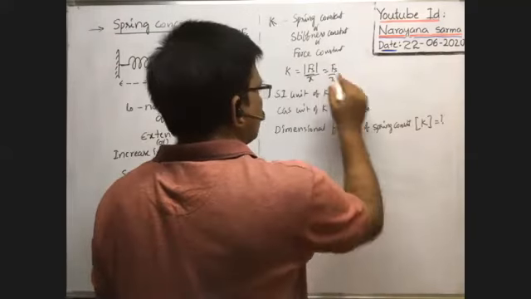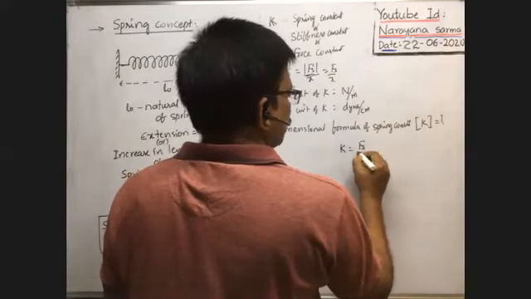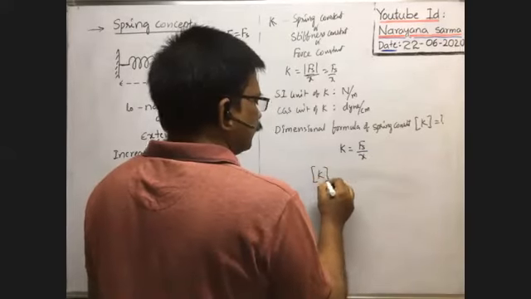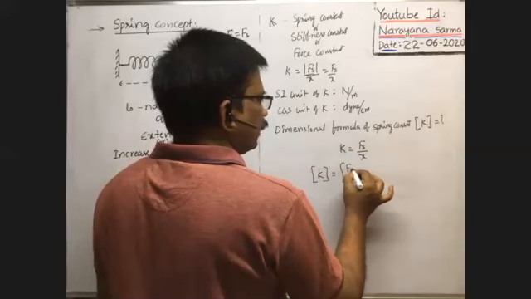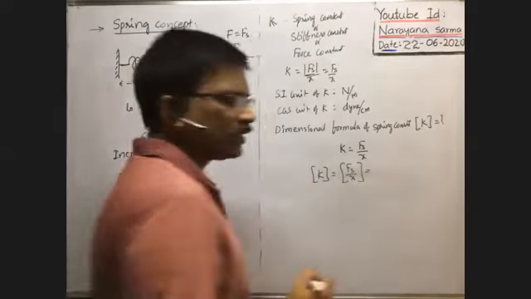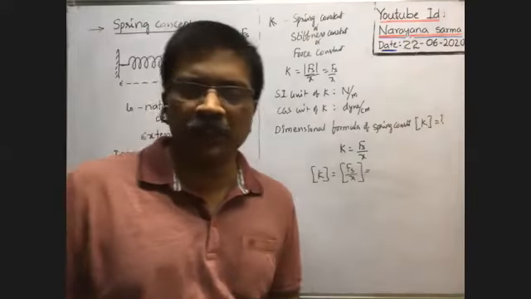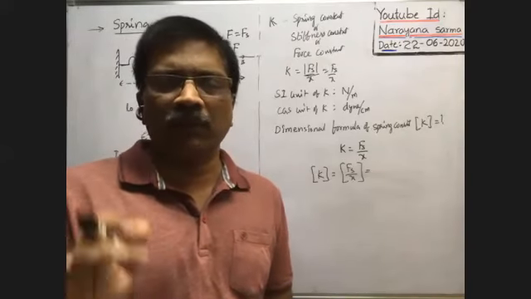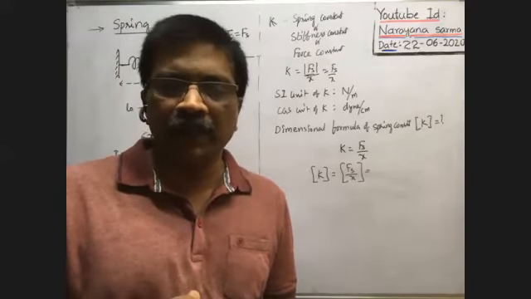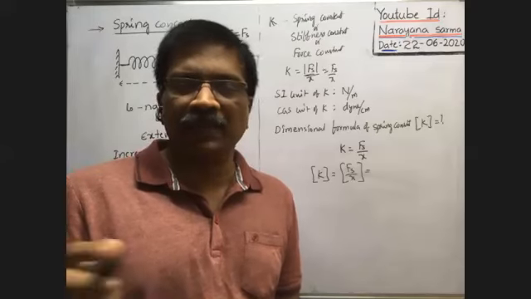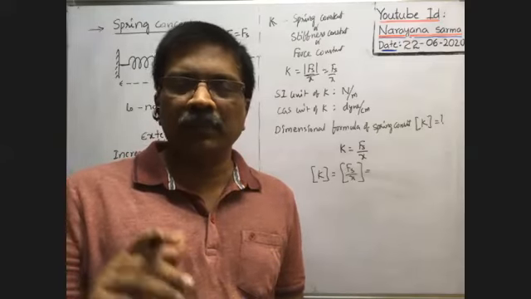Spring constant k is equal to Fs by x. The dimensional formula of spring constant is equal to the dimensional formula of Fs by x. What is the dimensional formula of spring force, or any type of force? It is MLT to the power of minus 2. Force means mass into acceleration.